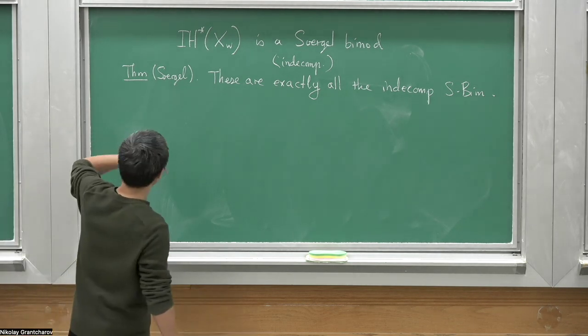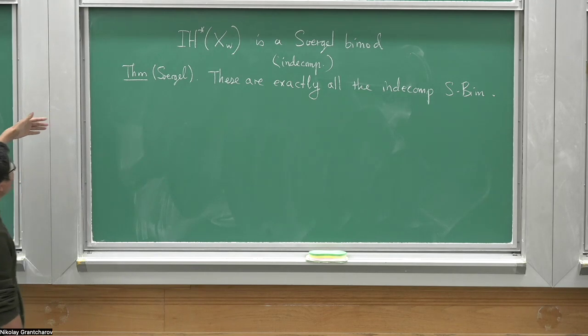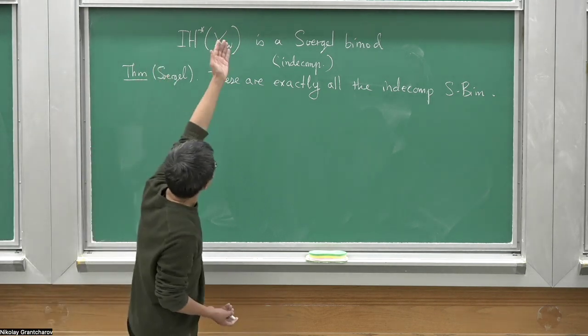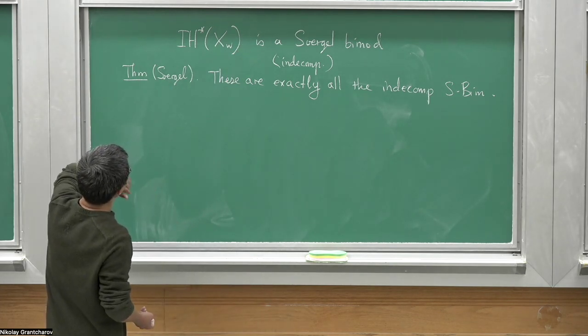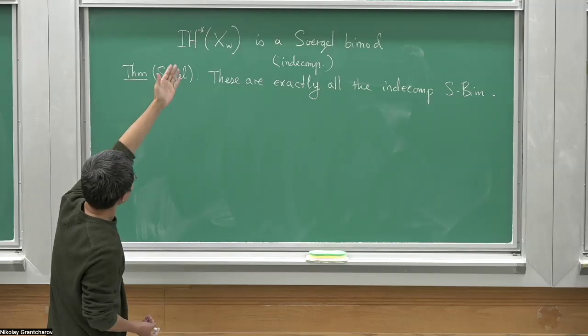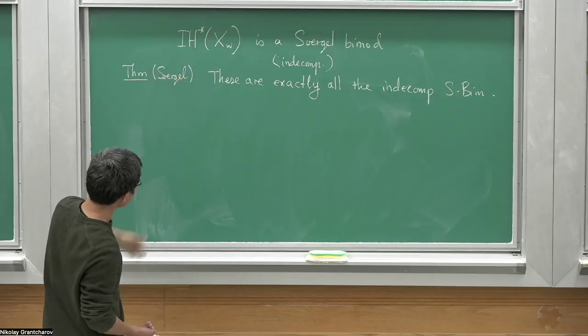So the nice thing about bimodules is they're of course much more effective for calculation. So you just need to take a long enough reduced expression, write down your Bott-Samelson module, and try to decompose it.